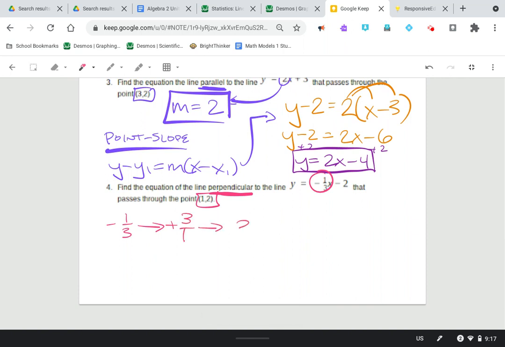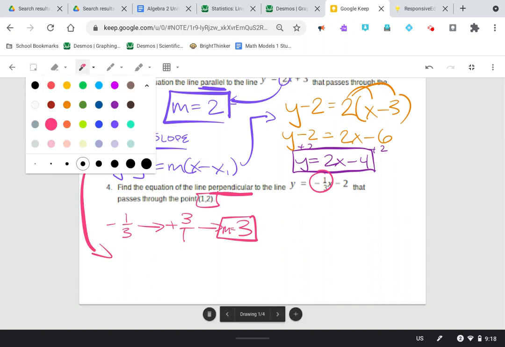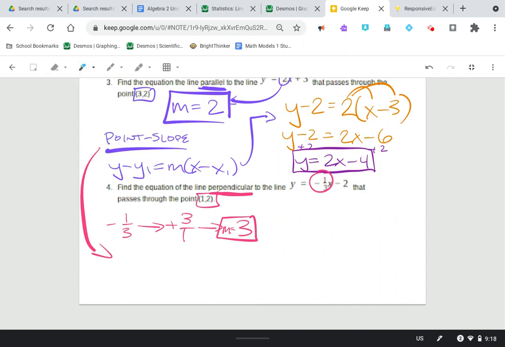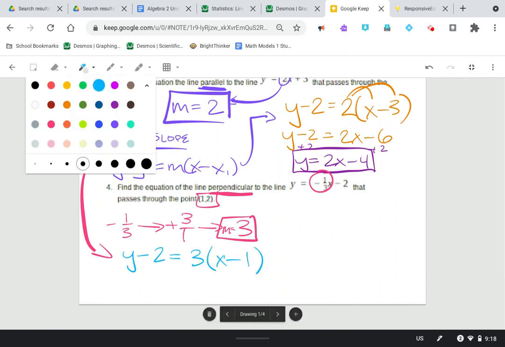So then 3 is the slope of my new line. So again, we're going to use the point-slope formula. The point-slope formula for this one is going to be y minus y1, which is 2, it's coming from right there, equals 3, parentheses, x minus 1, which is x1, and then we work it out.